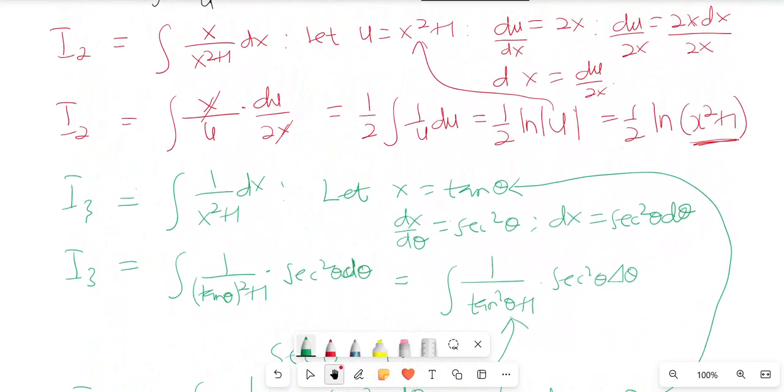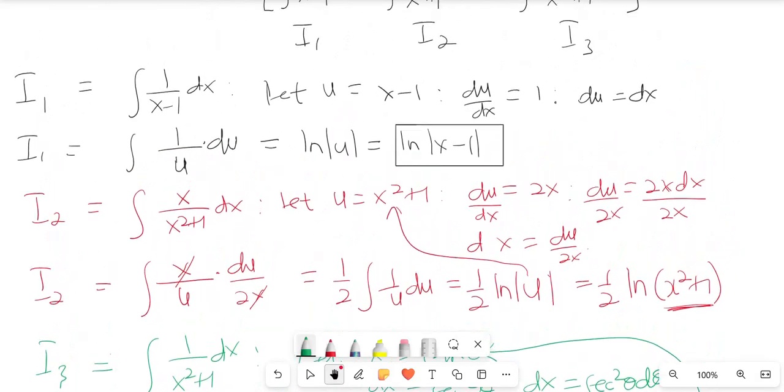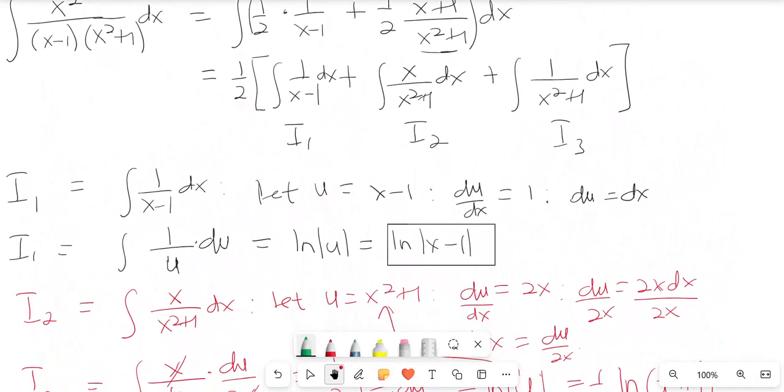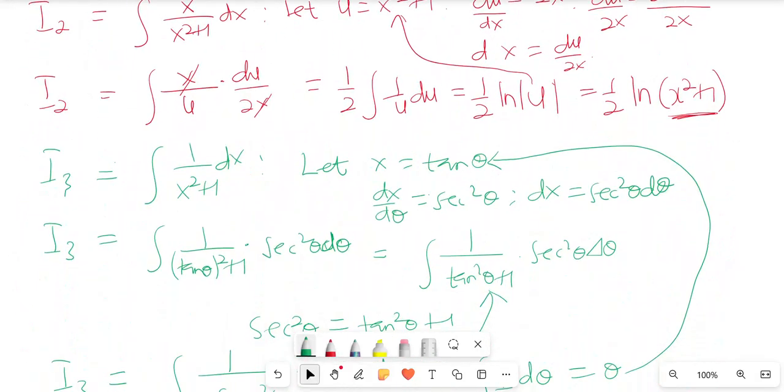Now let's put everything together. I1, I2, and I3.